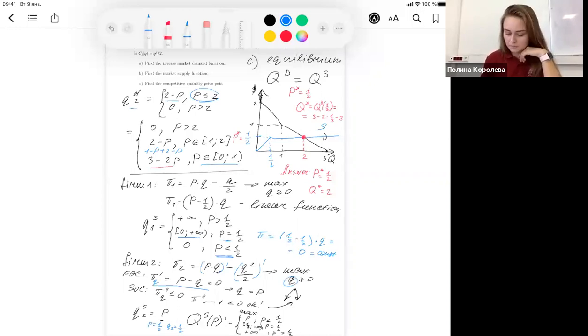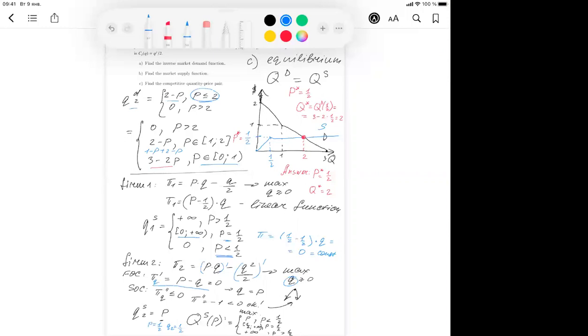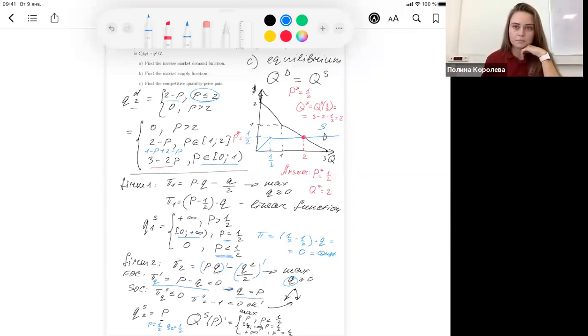P is a constant, and the derivative of the other term gives P minus Q equals 0. So from here we find that quantity is equal to P from the first order condition. Agree?